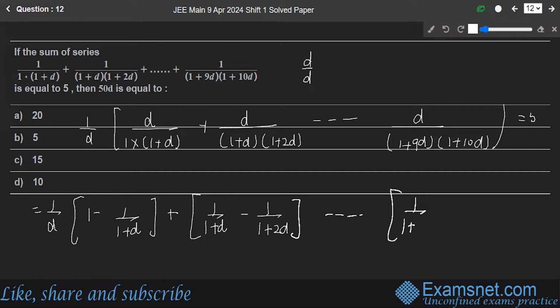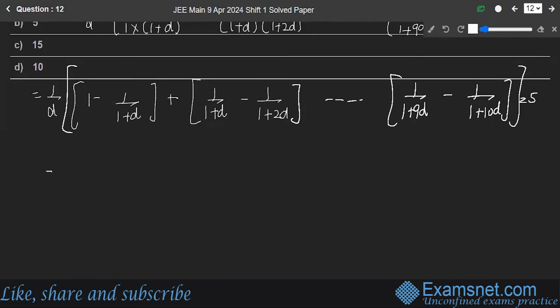This is 1 upon 1 plus 9d minus 1 upon 1 plus 10d. This is equal to 5. Okay, so this is forming a telescoping series. See what will happen. This will cancel out with this, and so on. This will give me ultimately 1 minus 1 upon 1 plus 10d. Now that's equal to your 5.